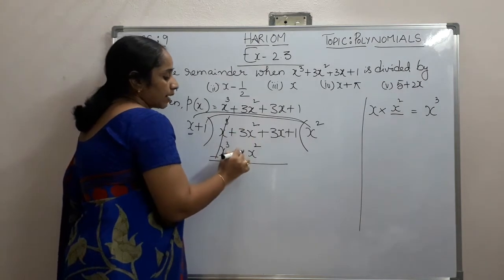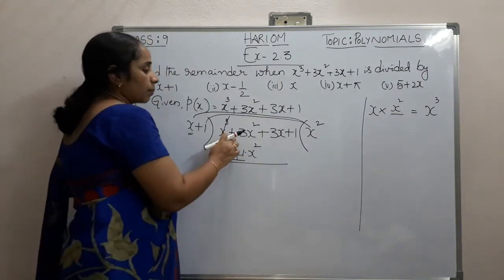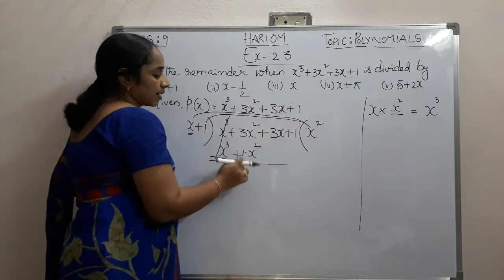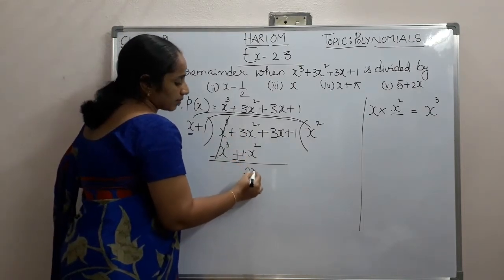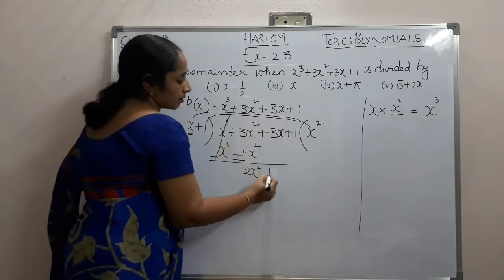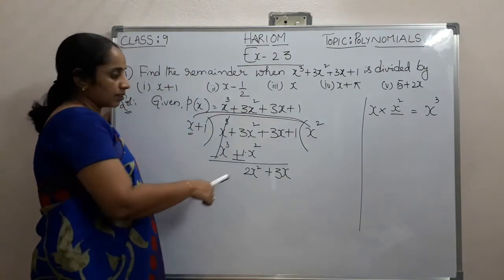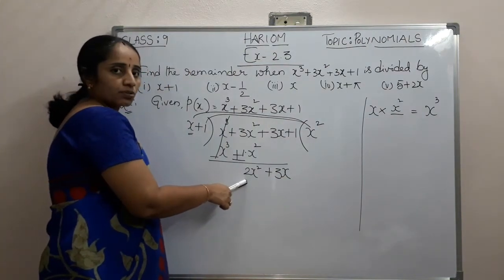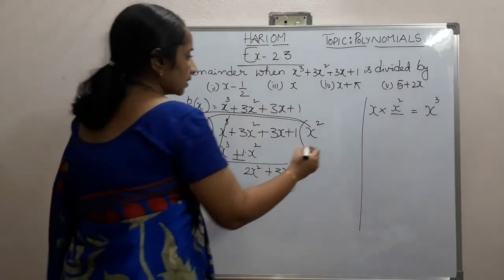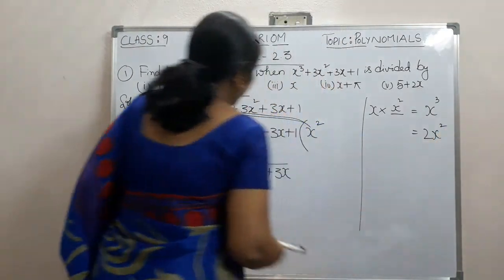Plus 3x square, minus 1x square, 3 minus 1, gives plus 2x square. Plus 3x.